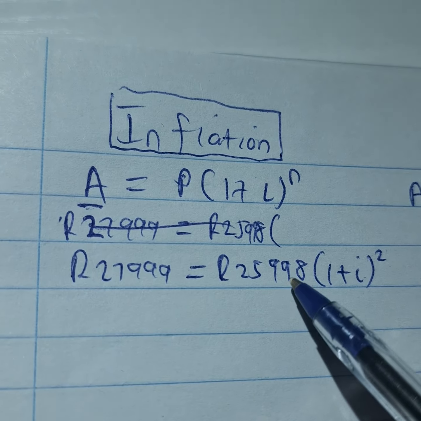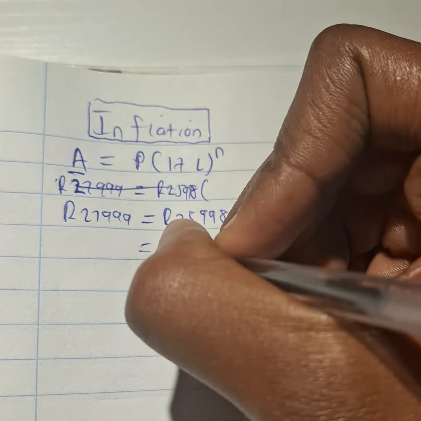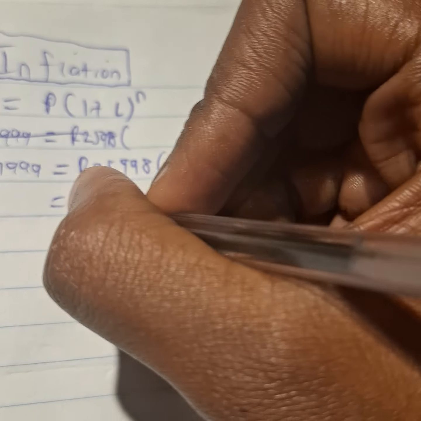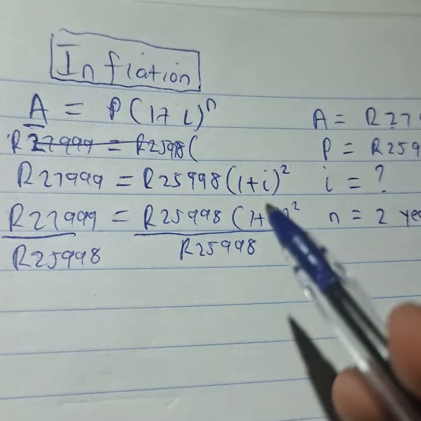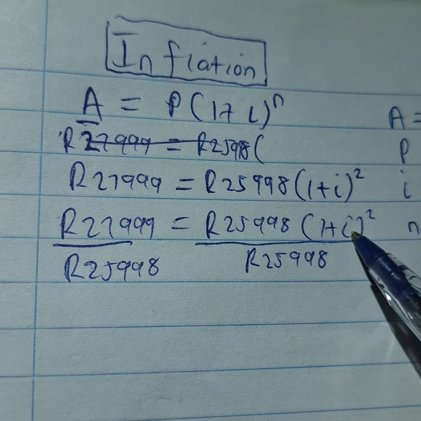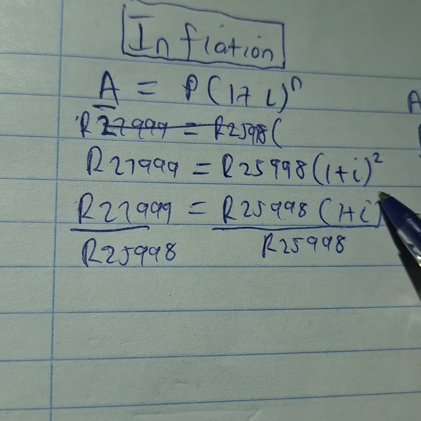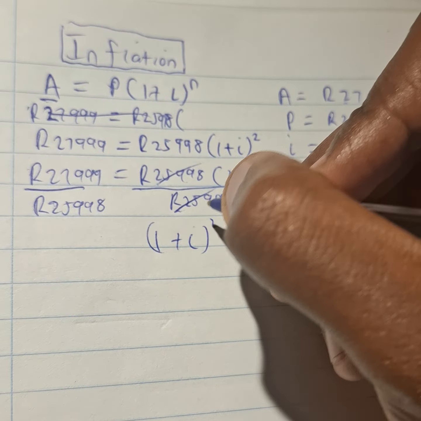But first and foremost, we can see this 25,998 is outside the bracket. So we are going to divide both sides by 25,998. Why? Because that makes sure that we have the bracket alone on the right hand side, because we want the i. The 25,998 is multiplied to the bracket, so that cancels it. We are left with 1 plus i to the power 2.